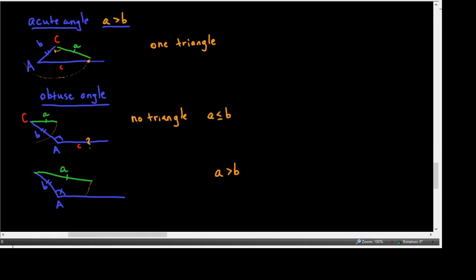Well, that was not very well drawn. Let me try that again. So if I swing this around, it hits right there and never again. So it's going to form exactly one triangle.